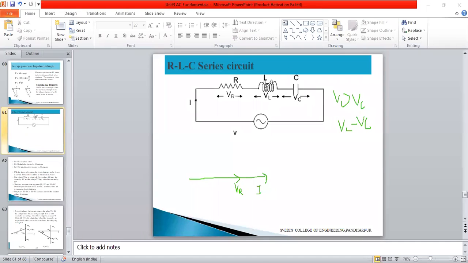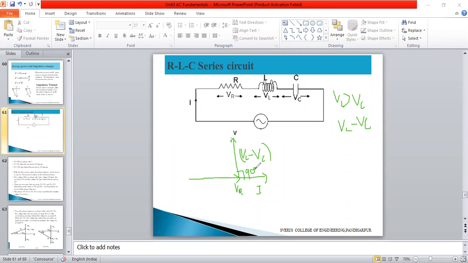Does this VL minus VC lag the current or lead the current? It leads the current, by 90 degrees. So VL minus VC is drawn here, leading the current by 90 degrees.